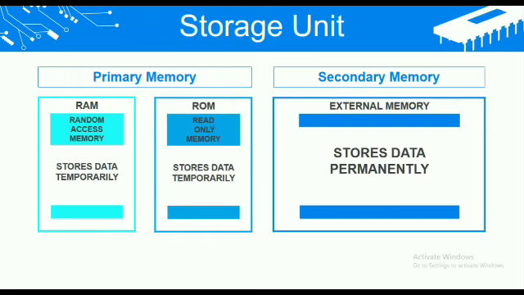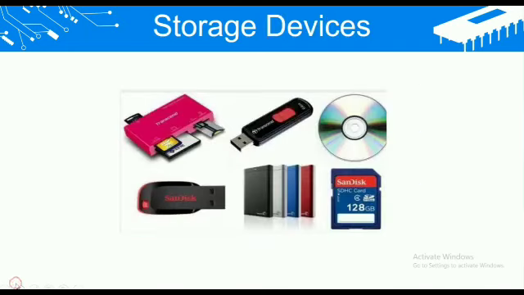Now let's see secondary memory. The secondary memory is also known as external memory. It is the external memory of the computer. It stores the data, programs and the output permanently. So, in the primary memory, the data is stored temporarily, and in the secondary memory, the data is stored permanently.